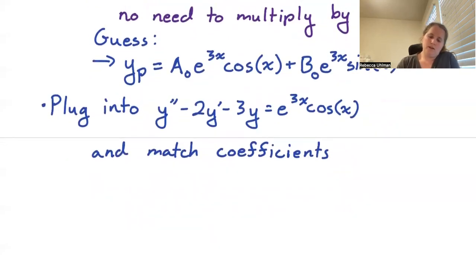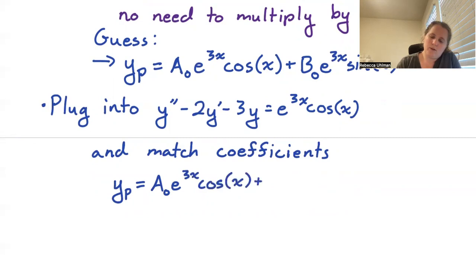So we need to know we have yp as a naught e to the 3x cosine of x plus b naught e to the 3x sine of x.